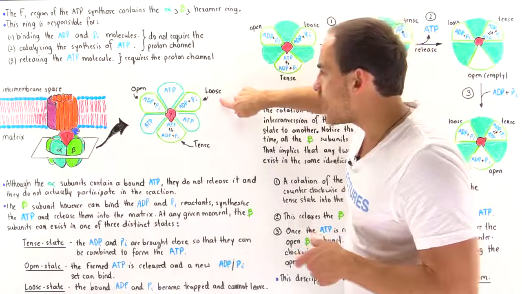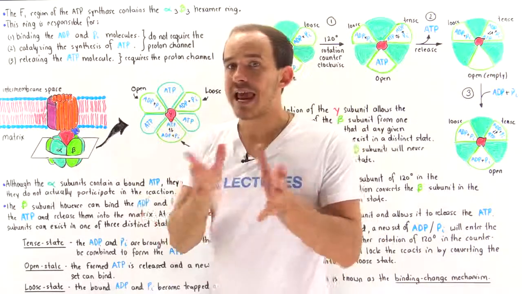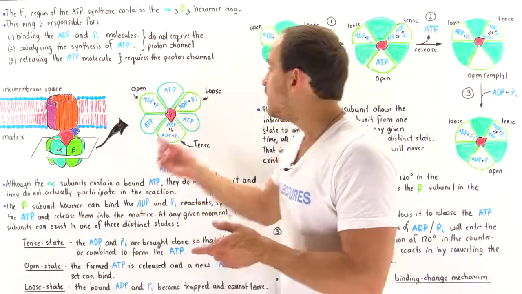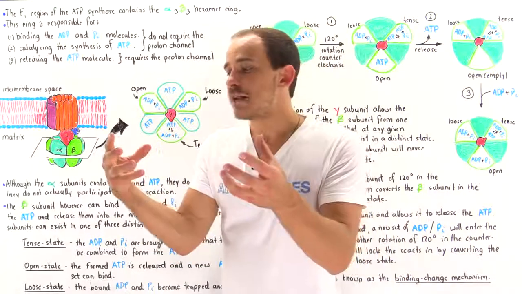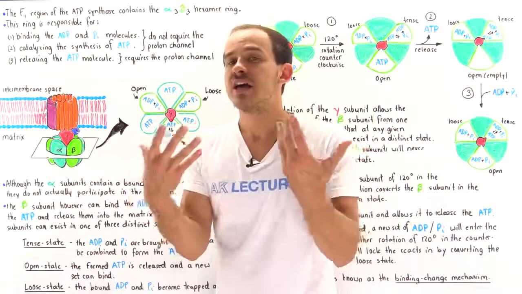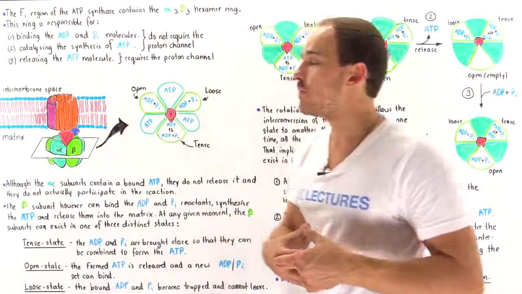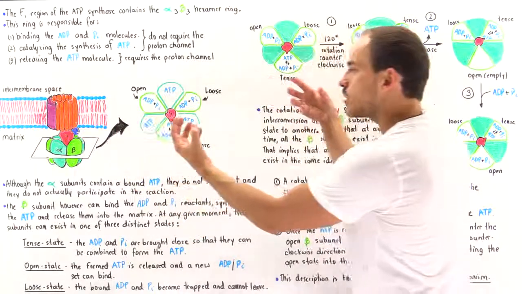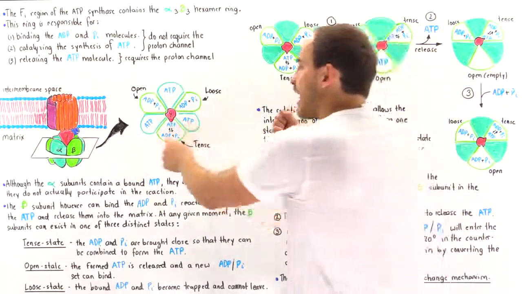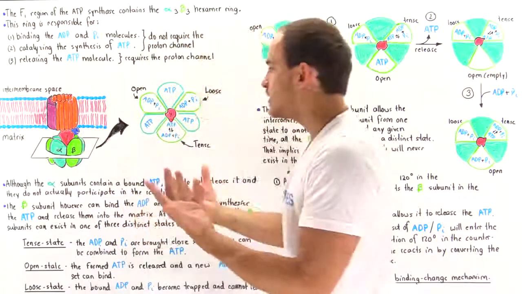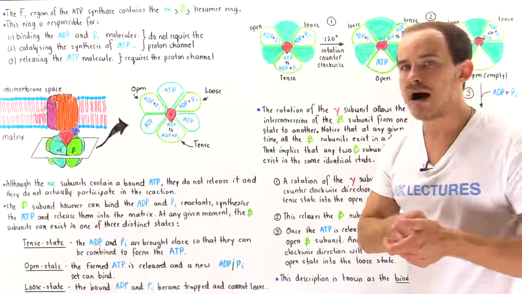Now, in the loose state, it has the ADP and the orthophosphate bound to it, but because in the loose state the reactants are not brought close enough, they will not be able to react to form the ATP molecules. But in the tense state, the structure is constrained and the ADP and the orthophosphate are brought close enough to actually synthesize that ATP molecule.